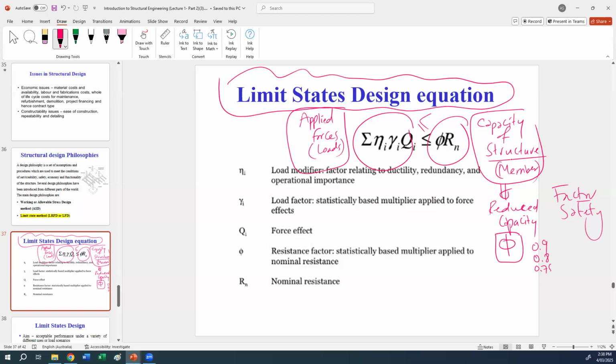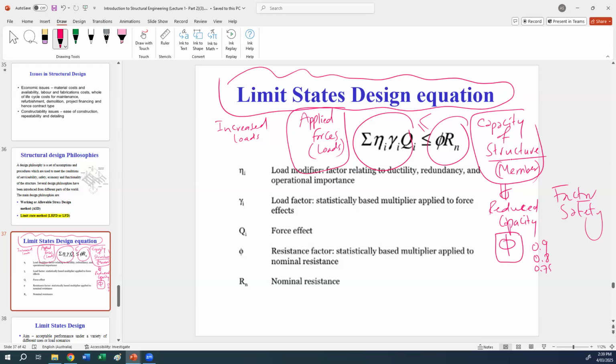On the other side, for loads, it is the reverse. You assume that you have increased loads. For example, you are designing a house that can carry 10 people, but if they have a party or something like this, in some cases the live load is increased. So the designer should increase the loads.